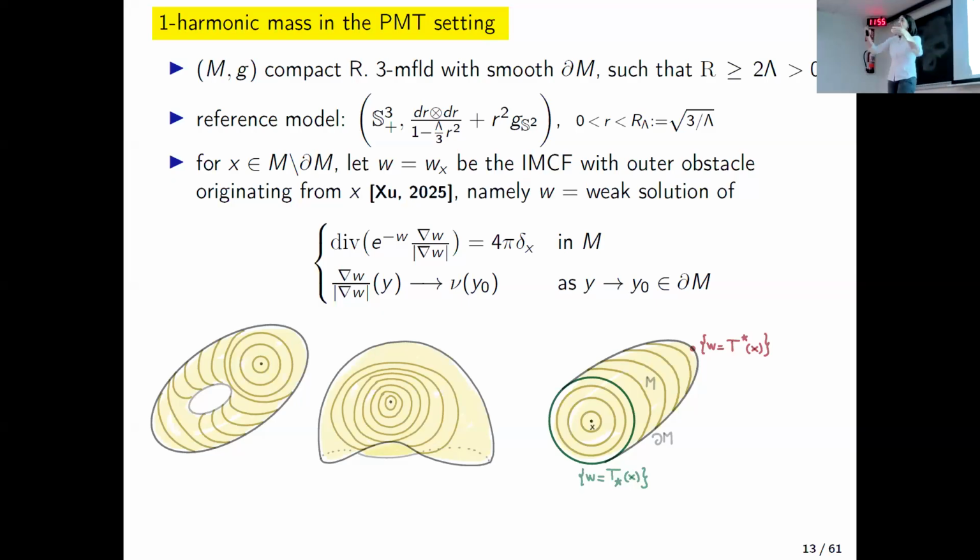This means that when the level set arrives at the boundary of your manifold, the normal to the level set must coincide with the normal of the boundary. In other words, when the level set arrives at the boundary, it sticks to it tangentially, like in this picture. This is a picture taken from the original paper of Kai Xu, very nice.